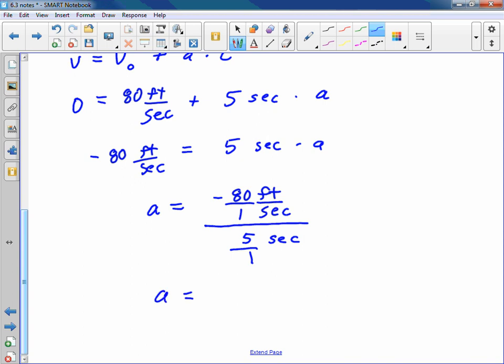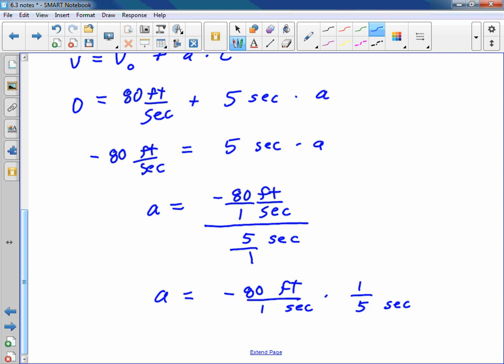So A equals negative 80 feet per 1 second times the reciprocal here, 1 over 5 seconds.